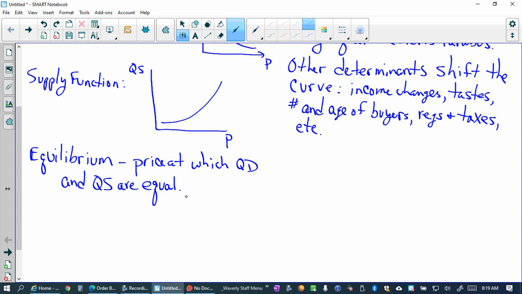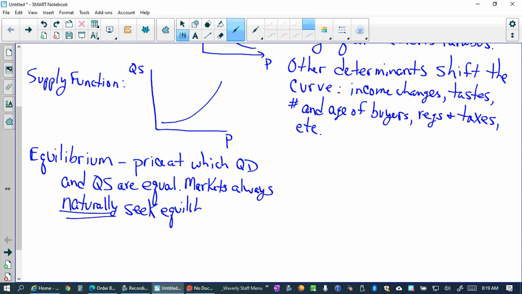It's a natural phenomenon. It's not like a law somebody says we need to have this in equilibrium. It's just a matter of human nature that it happens, right?